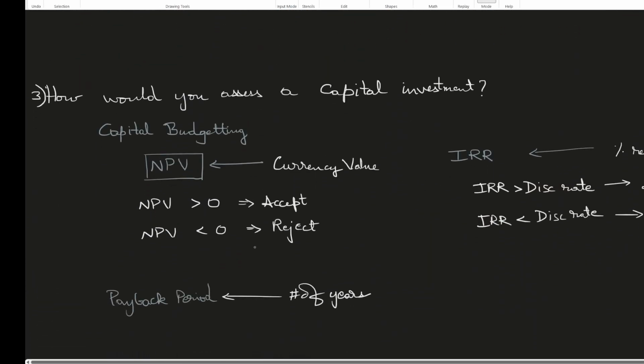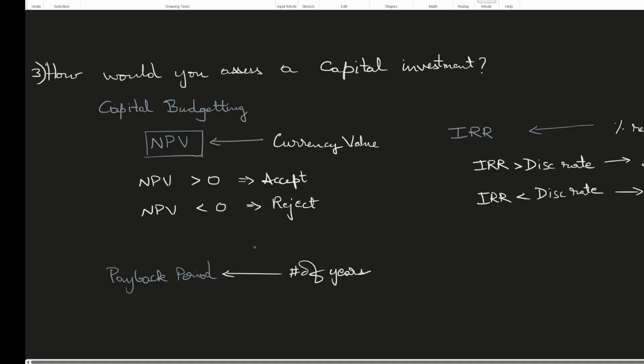So coming to the third question, how would you assess a capital investment? Under capital budgeting, we have various ways of assessing whether a capital investment is worth the investment. One way is net present value. Net present value is denoted in the currency value, whether it is dollars or rupees.